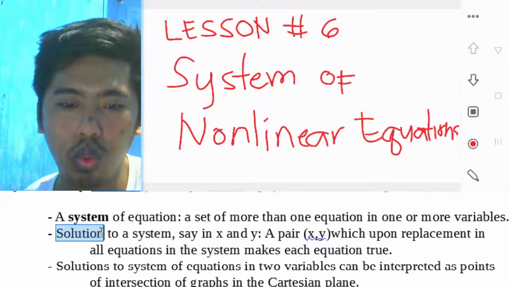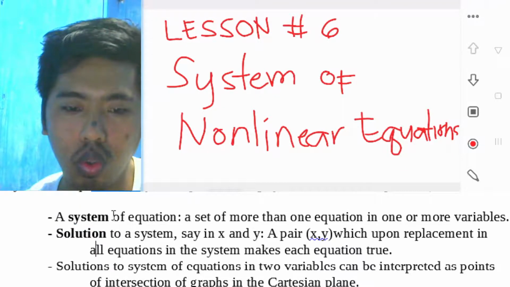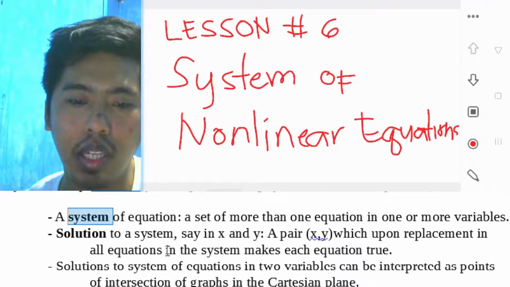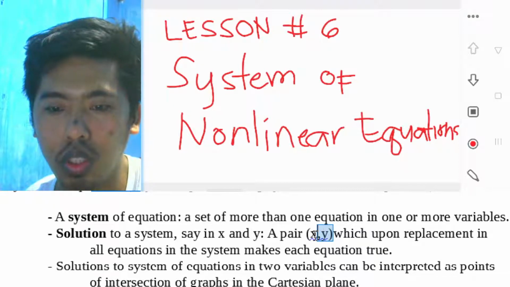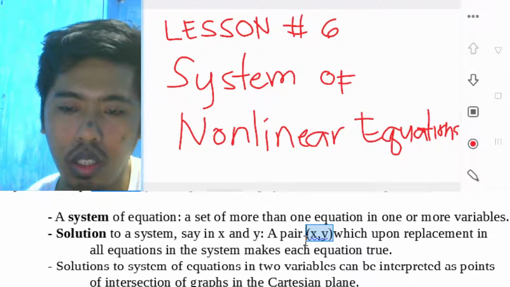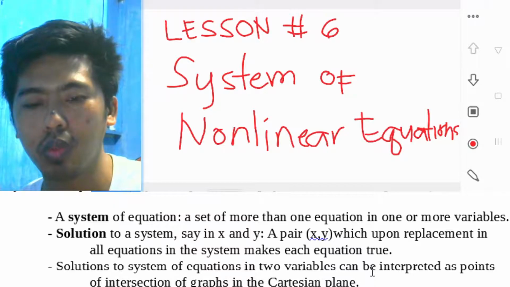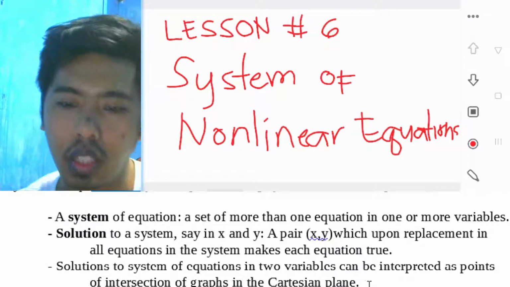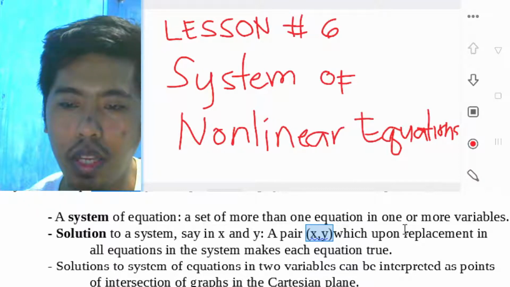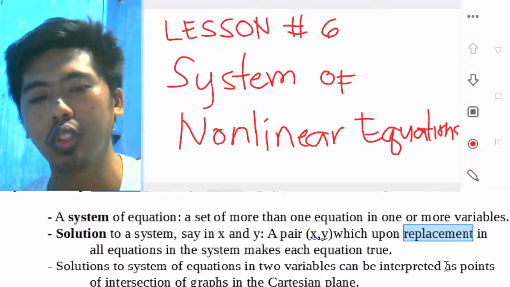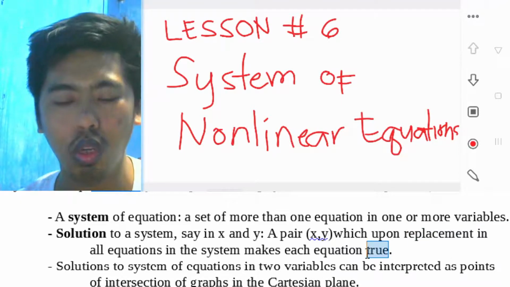Now next is the solution to a system. So unsa may solution aning system nato. So say in x and y, it's a pair x and y, which upon replacement in all equations in the system makes each equation true. So meaning if you have your answer here, x and y, now imo nang i-replace or i-substitute in all the equations given, for example duha, the answer should always be true.